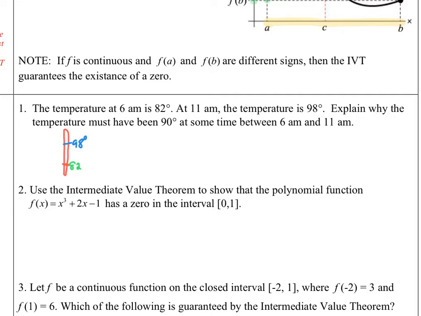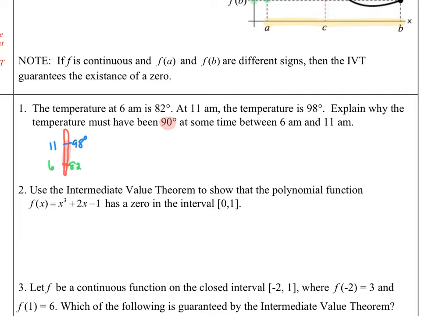You're going to hit all the numbers between 82 and 98, and 90 degrees is just one of those numbers. It's going to happen sometime between your 6 a.m. temperature of 82 and your 11 a.m. temperature of 98. The explanation as to how you know that is true, that is the IVT in action.